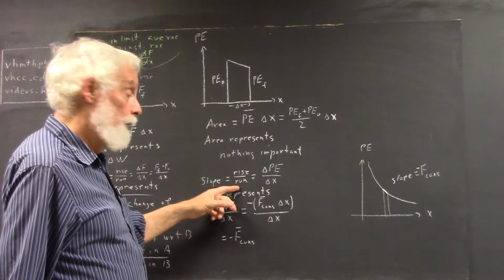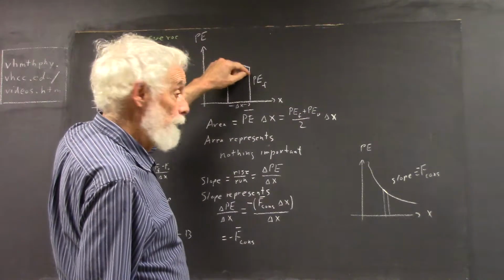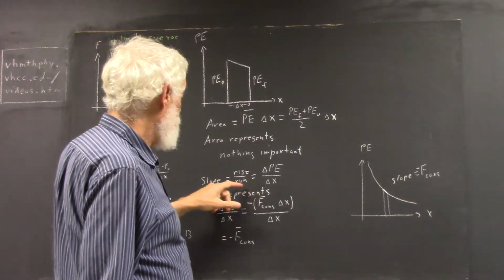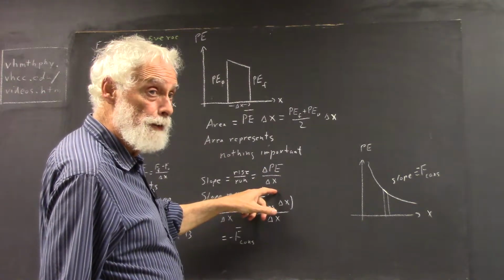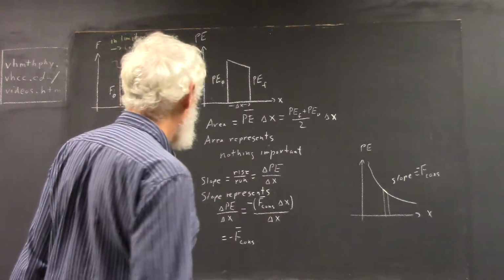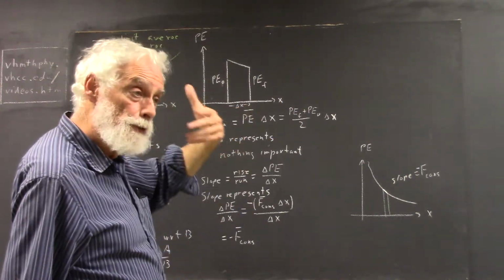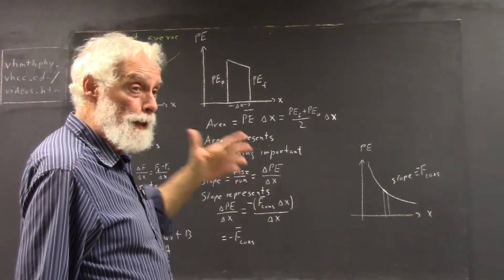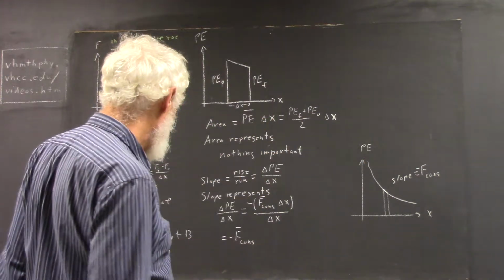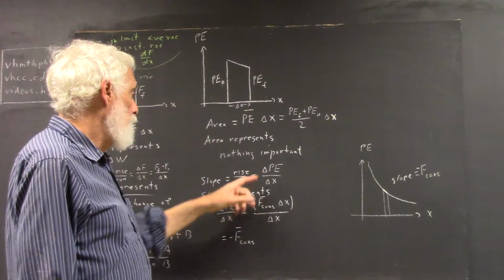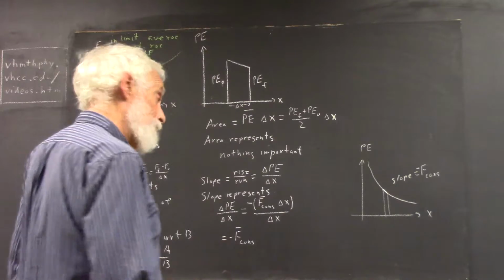Slope is the rise divided by the run. The rise is what? Well, it's a change in the potential energy. The run is delta x, so you have the change in potential energy divided by delta x. Okay? Now, assuming this represents potential energy for some conservative force acting in the x direction, either positive or negative, that change in potential energy is what?